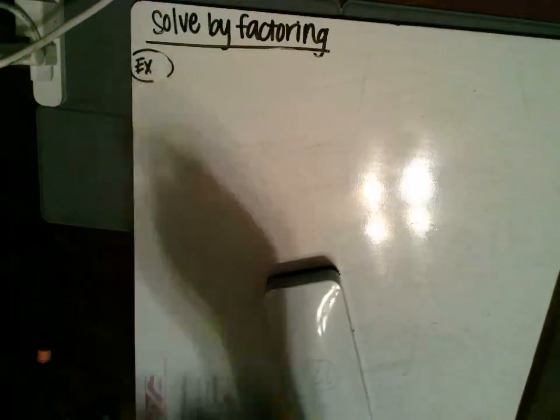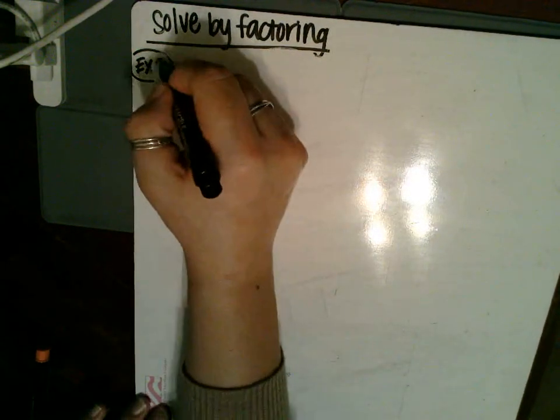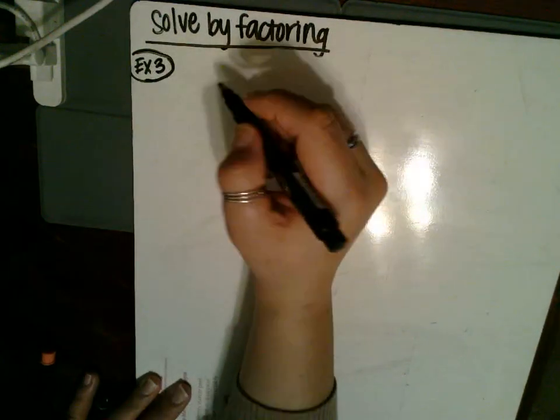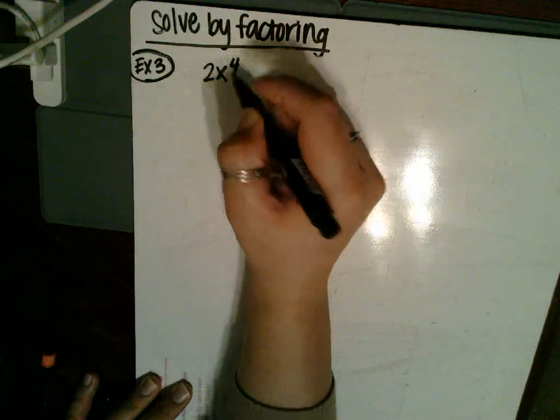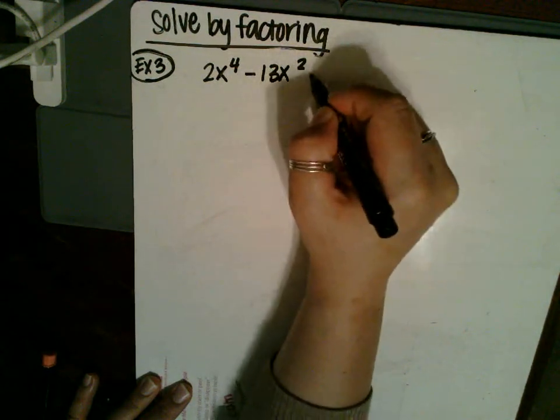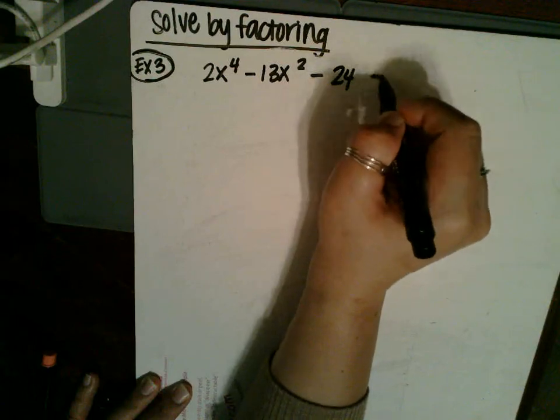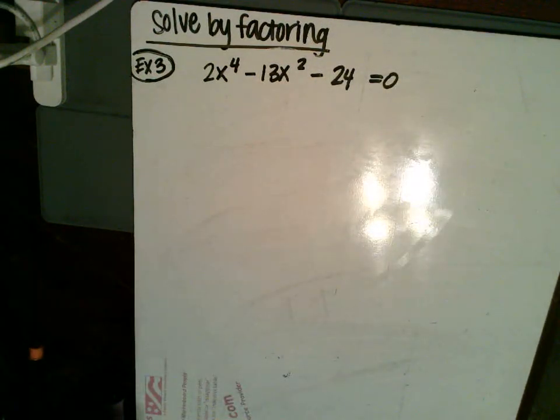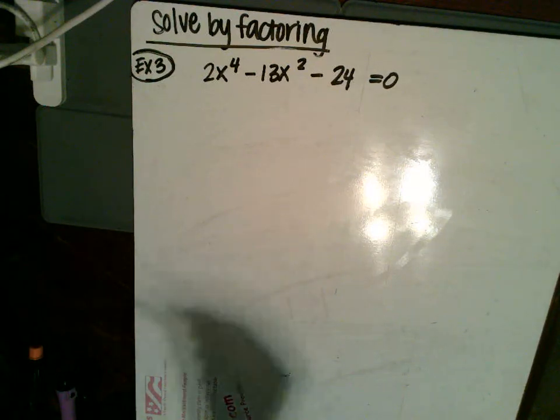So example 3 is going to solve by factoring 2x to the 4th minus 13x squared minus 24 is equal to 0. Now here, I cannot factor this very easily off the top of my head, so I'm actually going to use the multiply, divide, slide strategy that we haven't used in quite a minute.